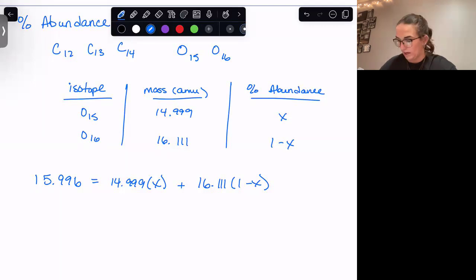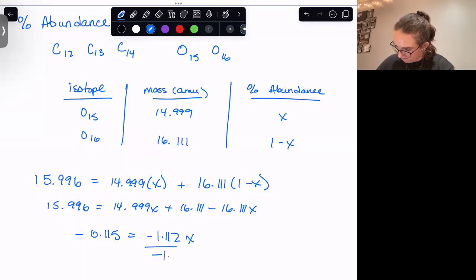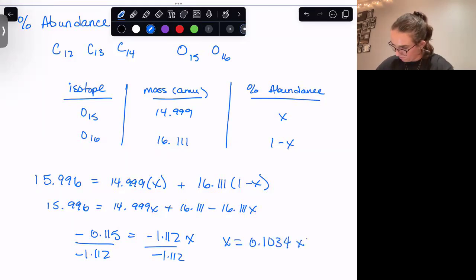And then you can solve for X in both of these cases.